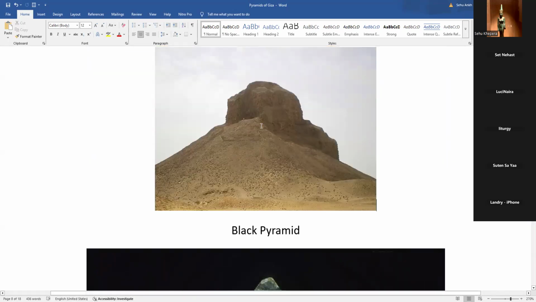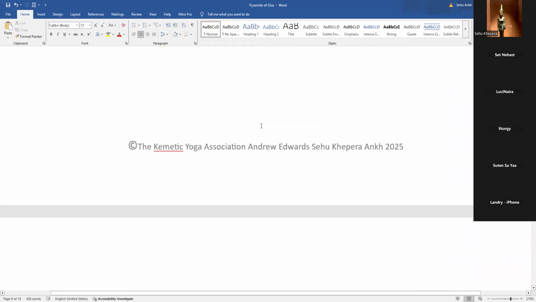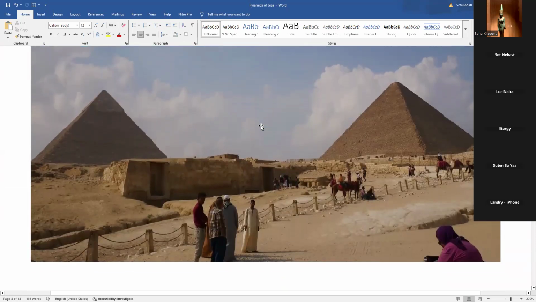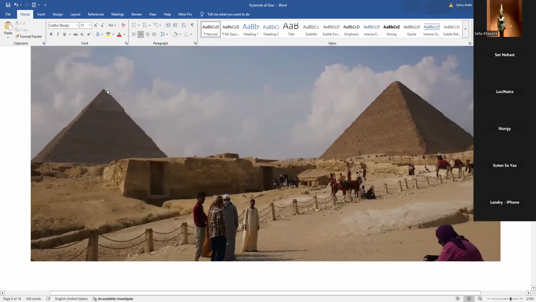So what that means is that, so the Benben is at the very top. It will be here and it will be here. It means that the four sides of the pyramid, all four sides, represent the four equilateral planes of the universe. You can call it the four directions. But it's more than just directional.